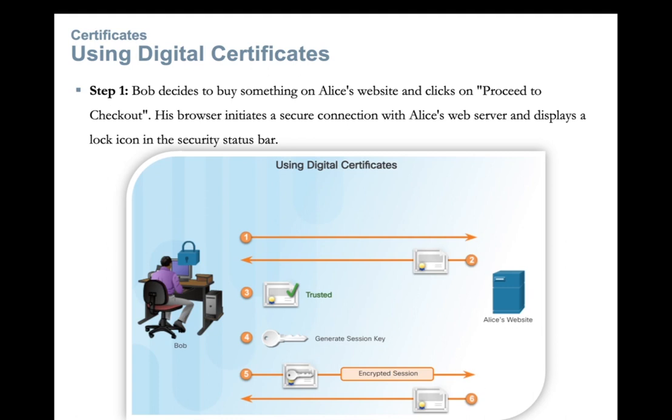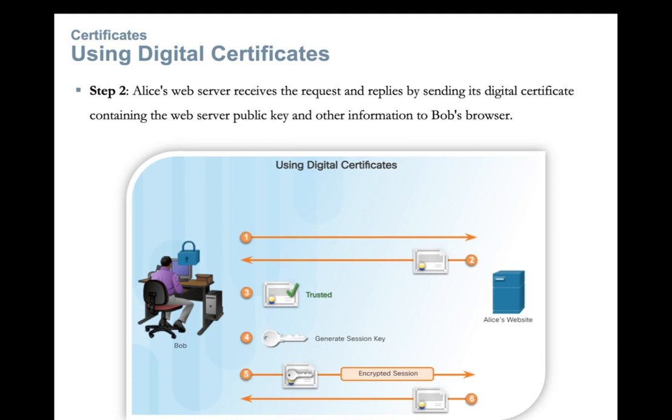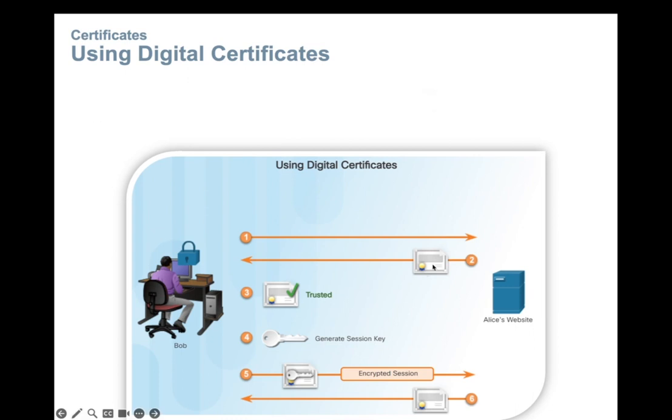In the second step, Alice's web server receives the request and replies by sending its digital certificate, containing the web server public key and other information, to Bob's web browser.